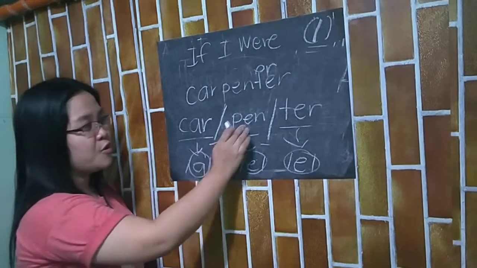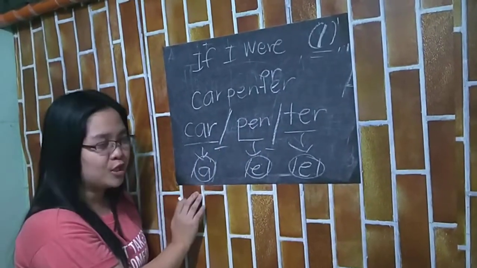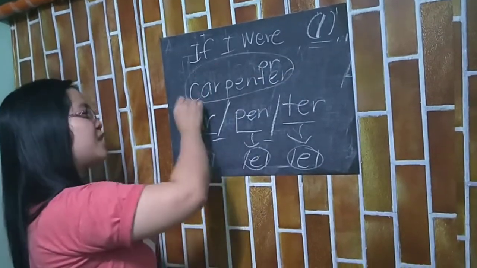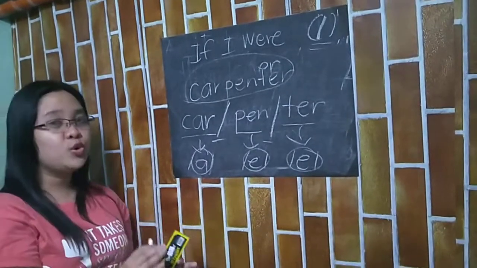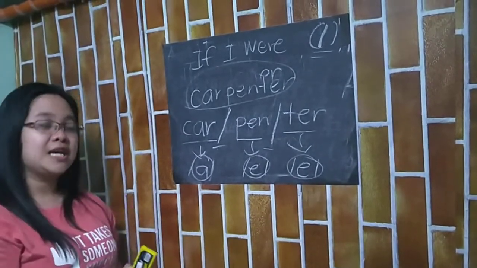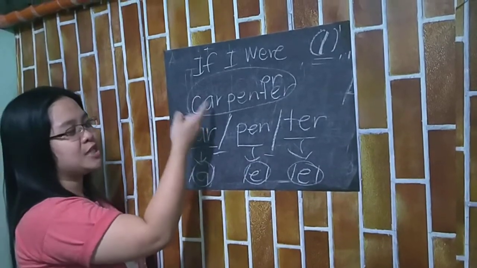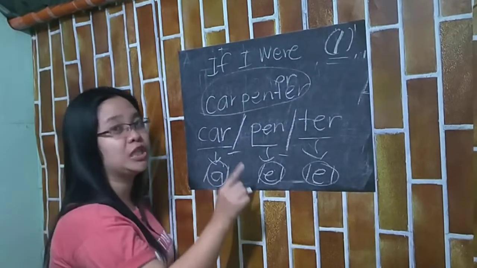And they are being separated by a slash symbol. Okay? What do you call this again? They are known as syllables. When you say syllables, it is the smaller parts that you get once you break down the words into smaller parts. Don't forget that once you break down the words into smaller parts, you have to find out the vowel sounds in each.